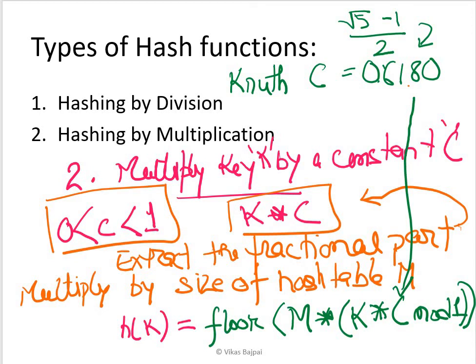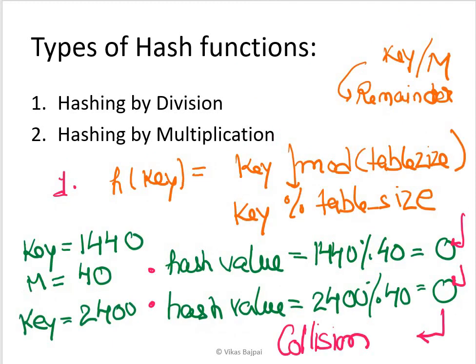Now, since we identified that in one of the examples we ended up in collision, right? So there are chances that my hash function will create some issues. That means when a key is hashed into the same array slot as another key, then we reach a position which is called collision.